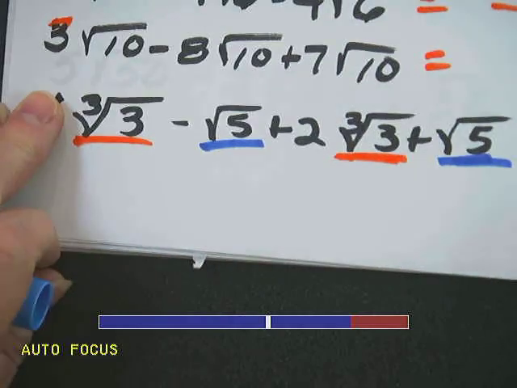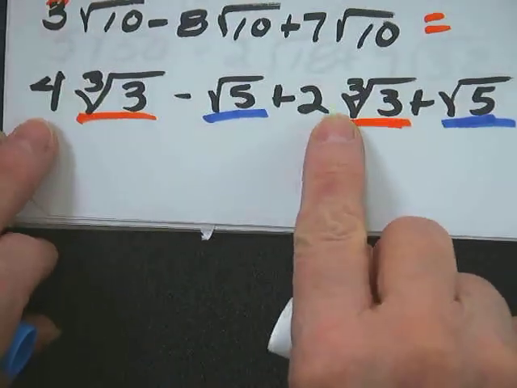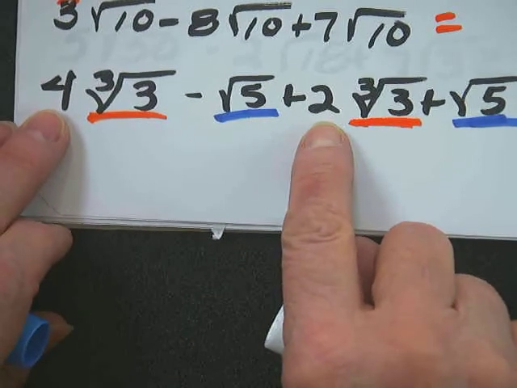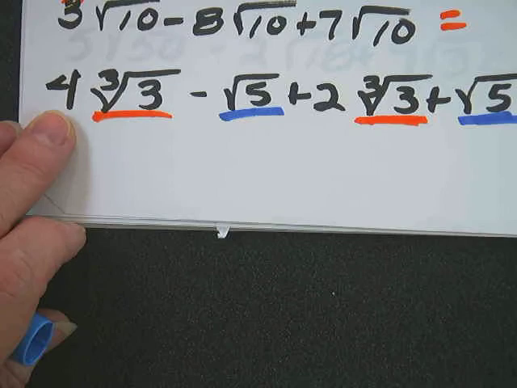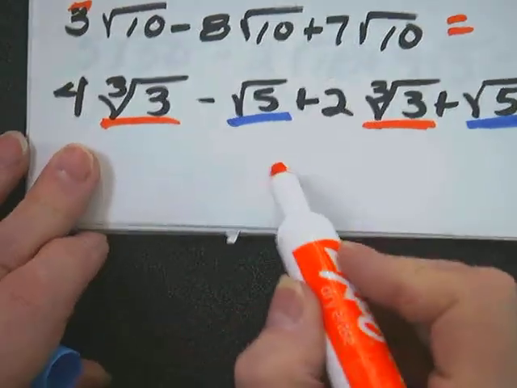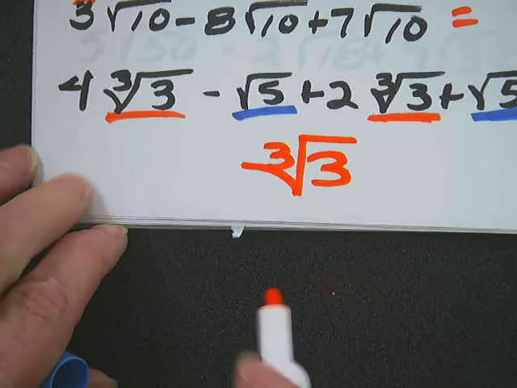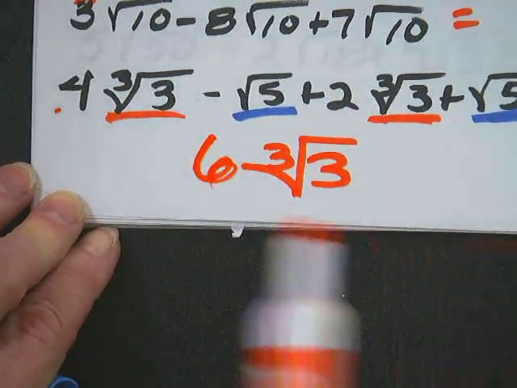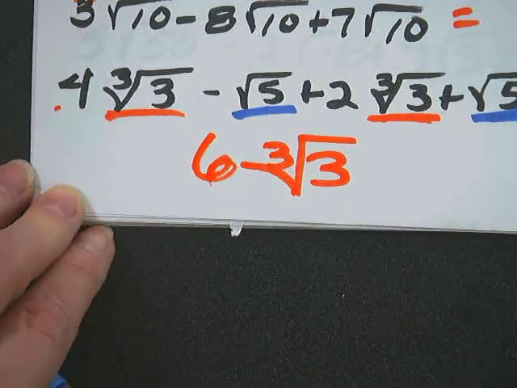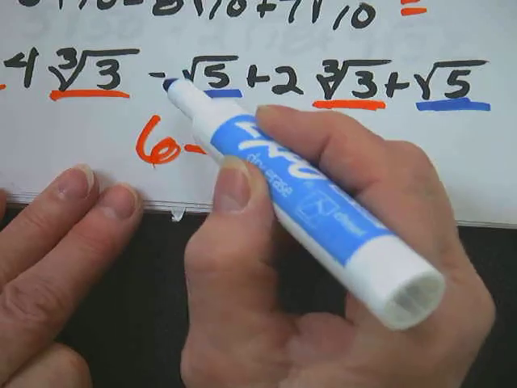Is that big enough? Okay. So these are like terms because they're both cube root of 3s. So we're going to add the coefficients of these. So how many cube root of 3s do we have? 4 plus 2, 6. See that?